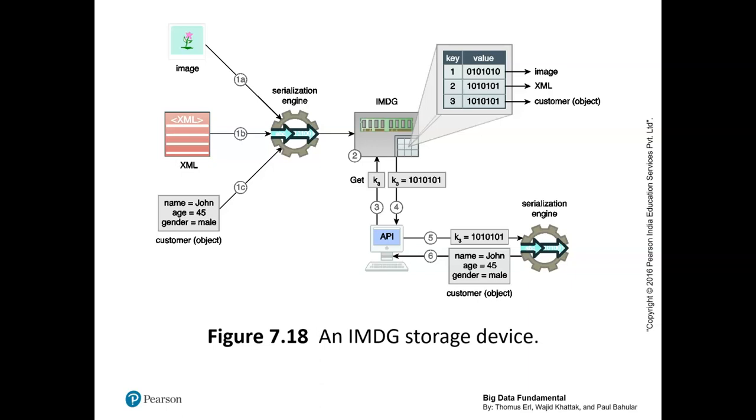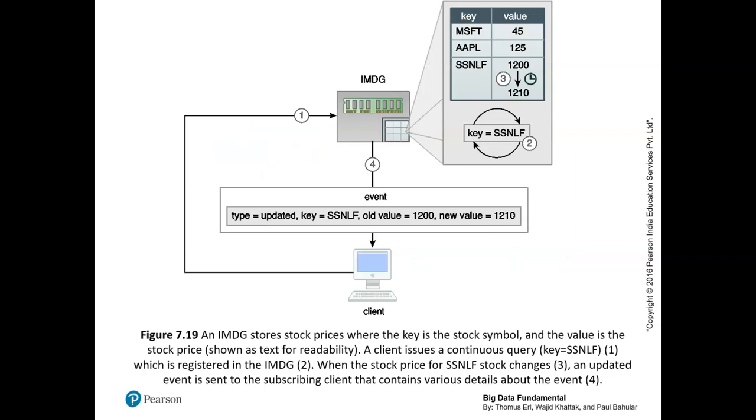We process different types of big data, and from there we go for serialization, and from serialization it is processed into the IMDG data, and from the IMDG data you can do get and put processes. When you push the data into the IMDG, that is called get. When you pop it out, that is called put. This is a very interesting concept.